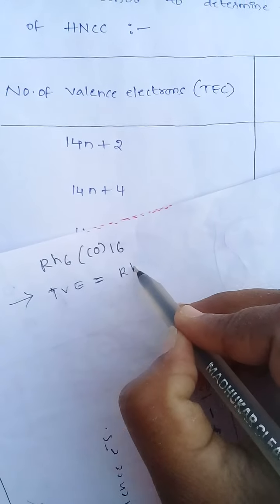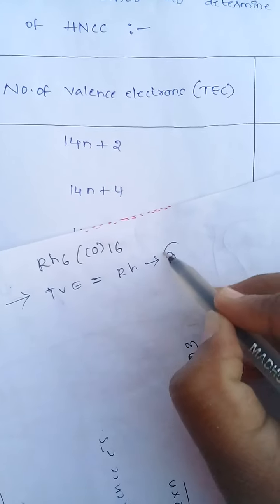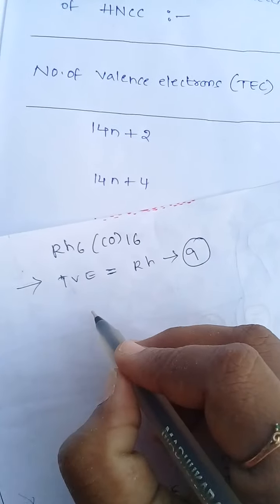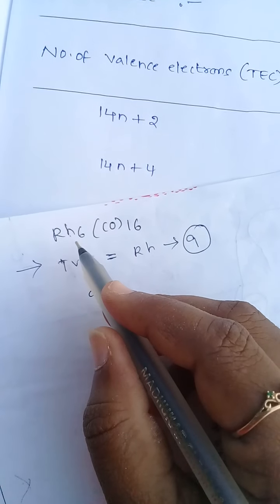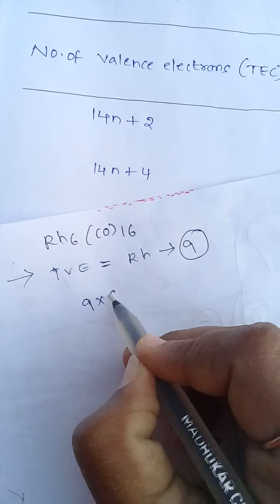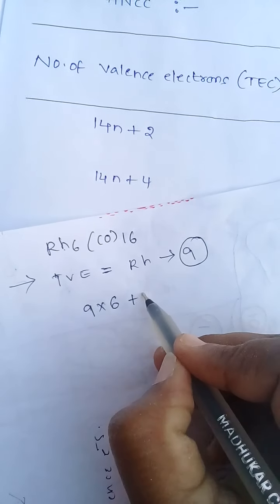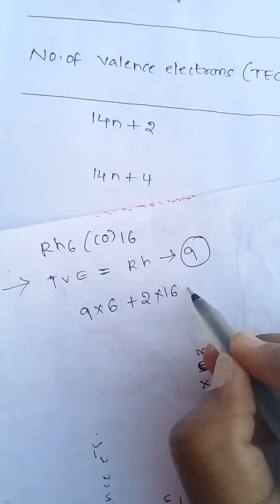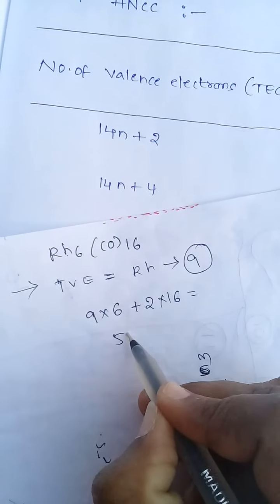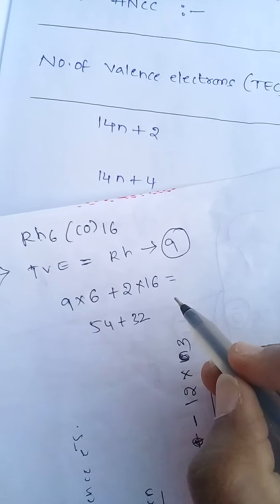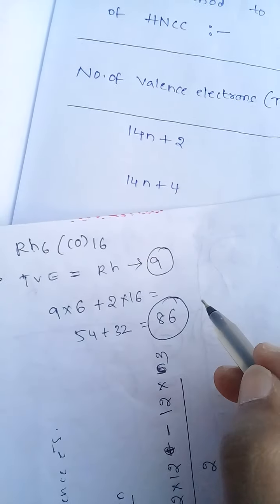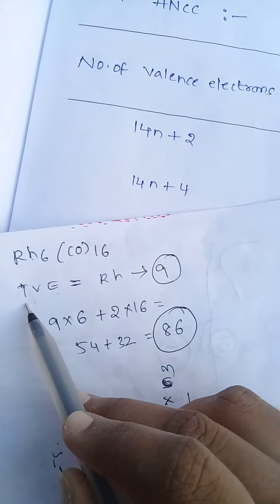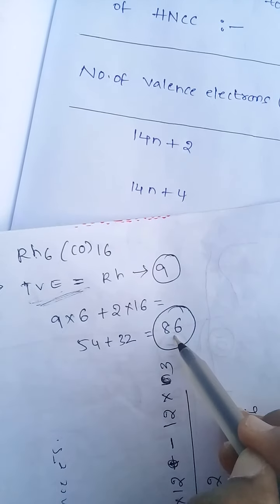So rhodium valence electrons 9 into how many metal atoms are having? 6 metal atoms. So 9 into 6 plus 2 into 16 equal to 54 plus 32 equal to 86. See here, how many total valence electrons? 86.